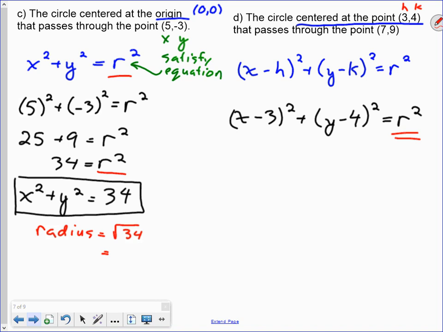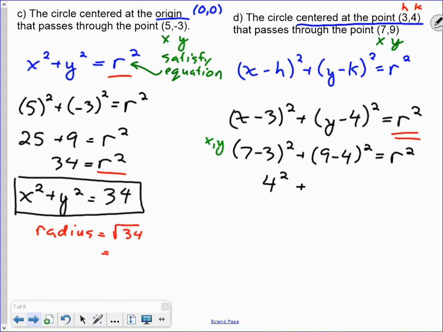Well, the point 7, 9, x and y have to satisfy the equation. So we can sub in the point x and y. So our x value is 7, our y value is 9, and we can figure out what r squared is going to be. Simplifying, that's going to be 4 squared, that's going to be 5 squared, is r squared, and again, 16 plus 25 is r squared.